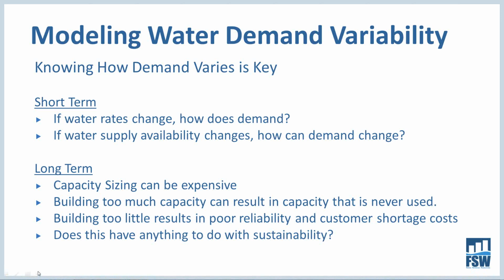So if you have a drought situation, a dry spell, your customer demand may be high. That doesn't mean you're going to have the water supply available, and that's going to have a consequence on what water demand actually occurs and what your volumetric sales will be, and of course what your revenue will be.